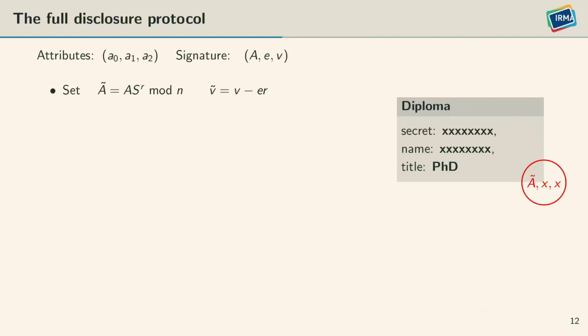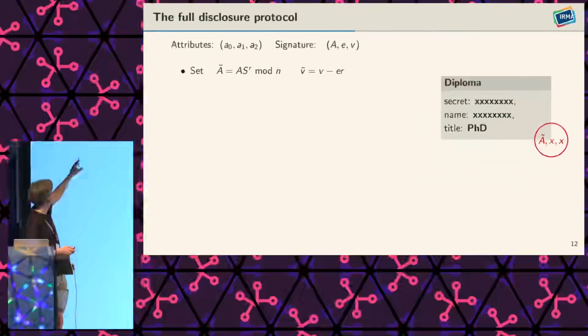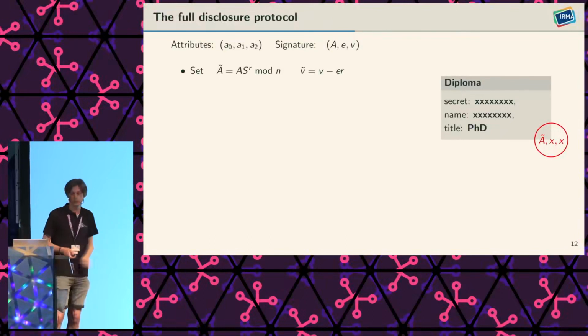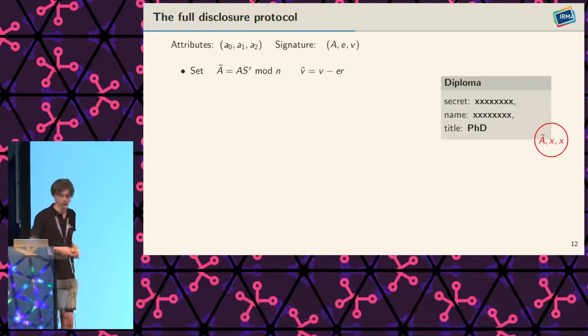That one we want to show, and the other ones we will hide. The first thing we do is what Maya just explained. We modify our A into A tilde using the random number R, and similarly we randomize our V into V tilde using again the value R.